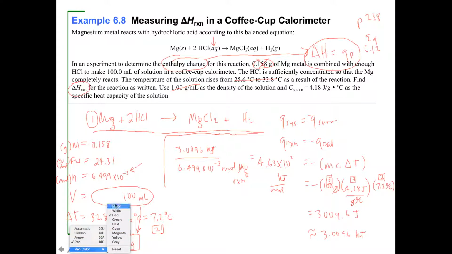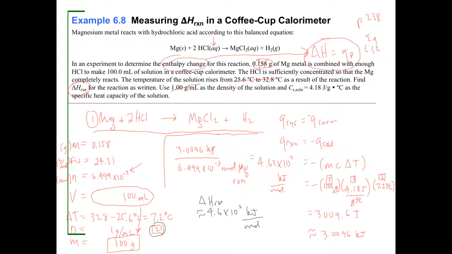Because we're stuck to 2 sig figs, remember that was our smallest one, this comes to approximately 4.6 times 10 to the 2 kilojoules per mole, which is my enthalpy of reaction. And that is it. Lovely. Hope you like it.